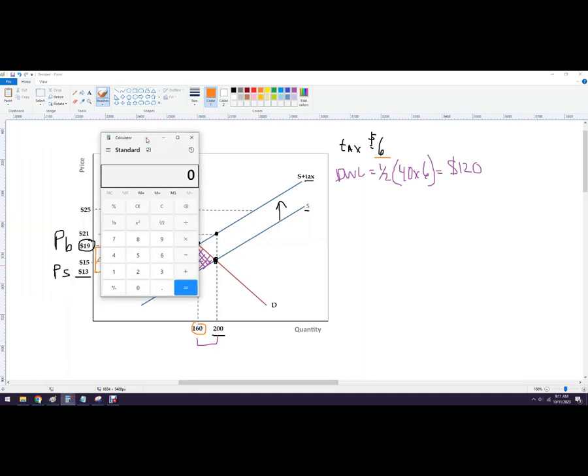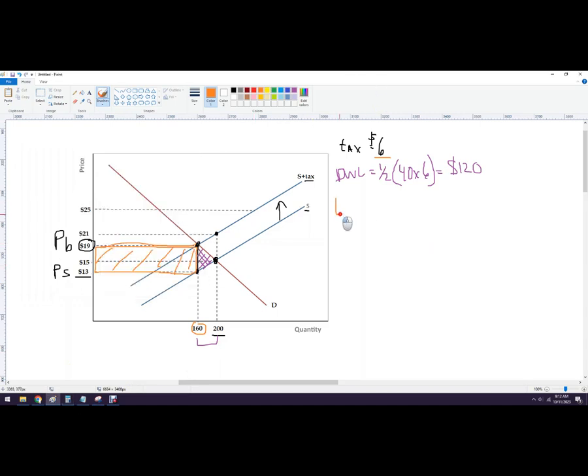Grab the calculator, 6 times 160, 960. So the tax revenue would be 6 times 160. This is how much money the government has raised from that particular tax.